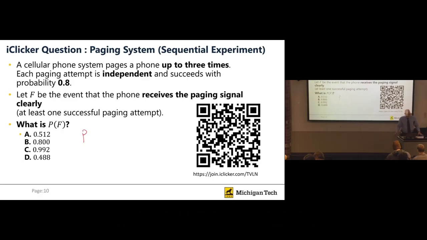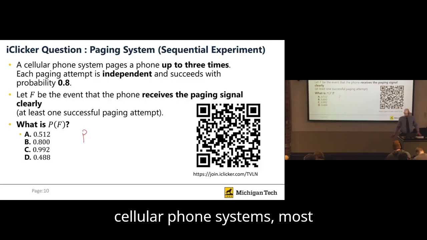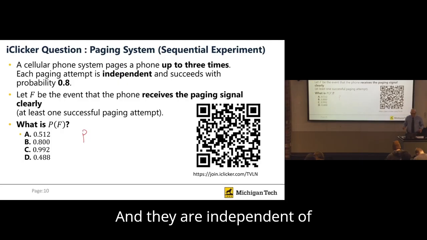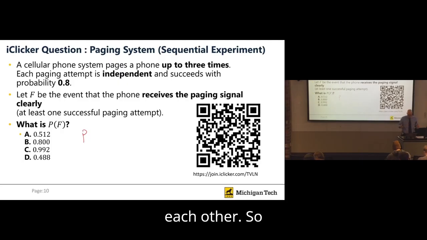In cellular phone systems, most of the time we have multiple paging. And they are independent of each other. So, okay, so we know that.